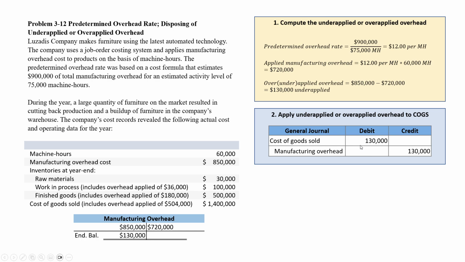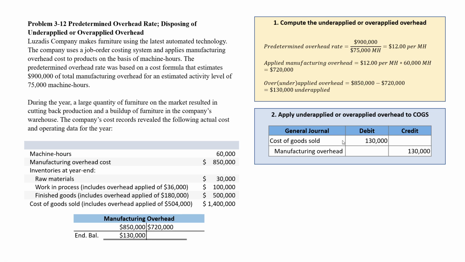The other way to think through this is if we didn't apply, this is underapplied, if we didn't apply enough overhead to the cost of our product, we need to increase that. Cost of goods sold is an expense. Increasing it means we debit it. So again, we debit cost of goods sold by 130,000.